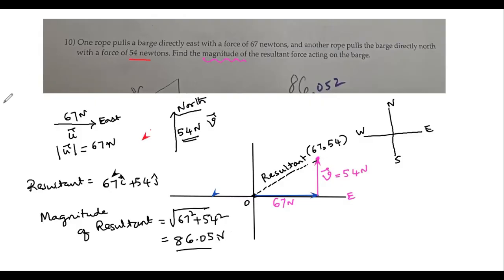Here they have not asked the direction of the resultant vector, but I'm interested in finding that out also. So please find out what is the direction of the resultant. I mean, what angle does it make with the x direction?